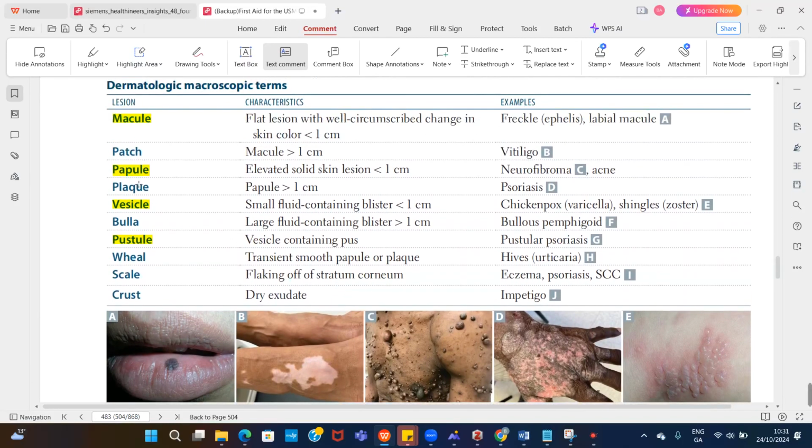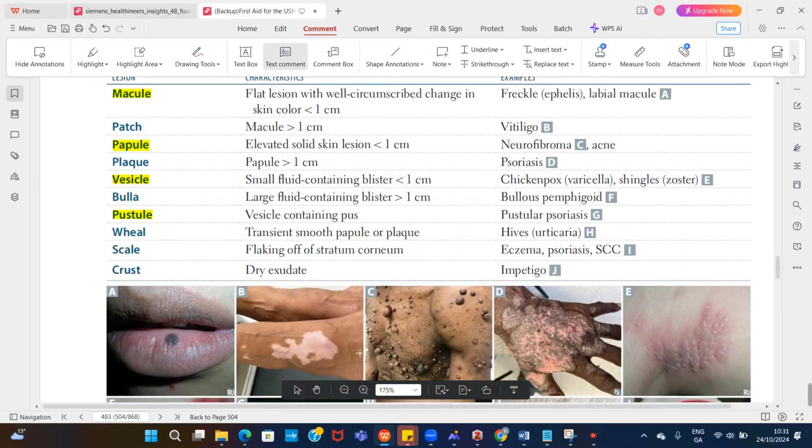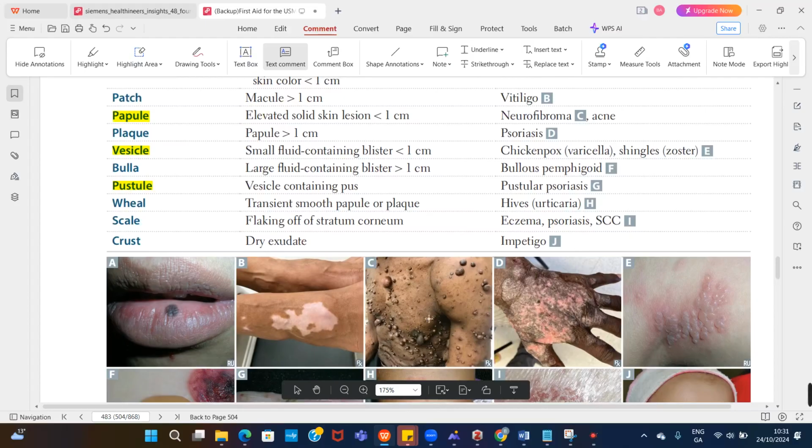Right? So we go to the next one, which is a papule. The papule is just like the macule. The only difference is that the papule is not flat. The papule is raised. You can see it is a raised lesion, but it's smaller than 1 cm. So all these ones here qualify as papule: raised lesions less than 1 cm.